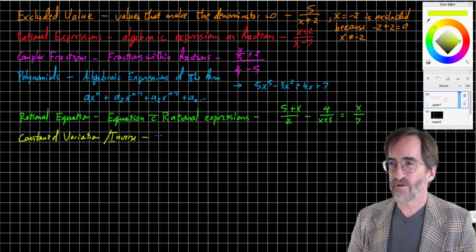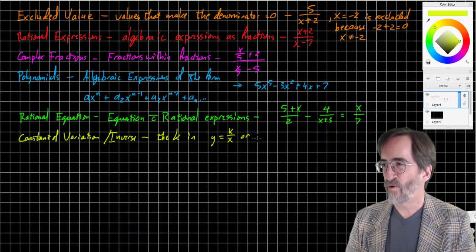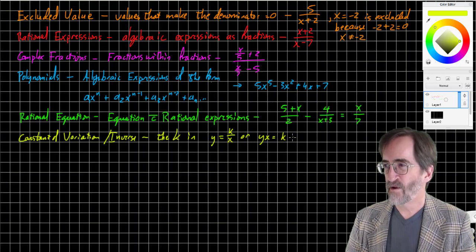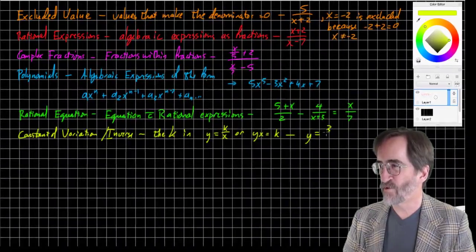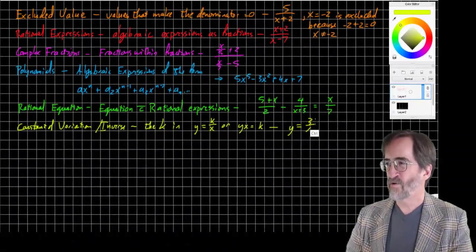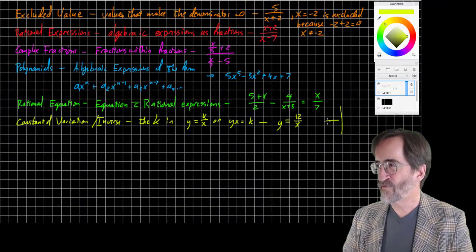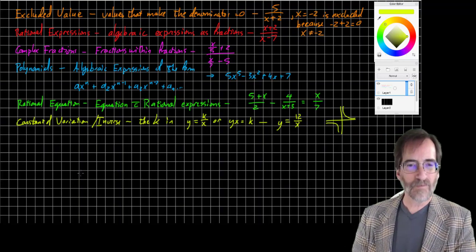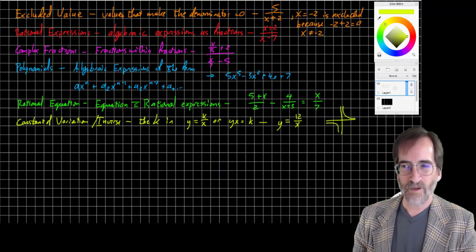It is the k in y equals k over x, or yx equals k. Example, we can have the inverse variation y equals 3 over x, or y equals 12 over x. And the graph of an inverse variation is a hyperbola. It looks like this. Okay, inverse variation.